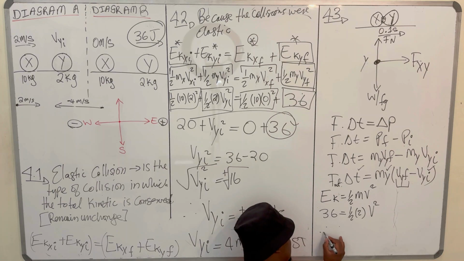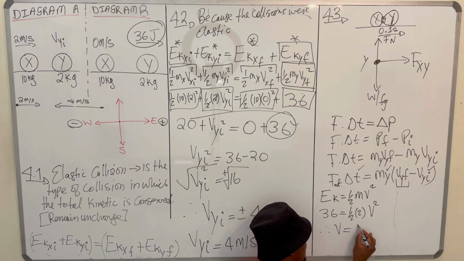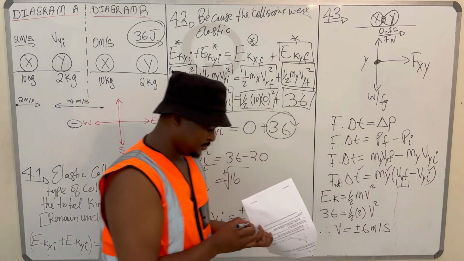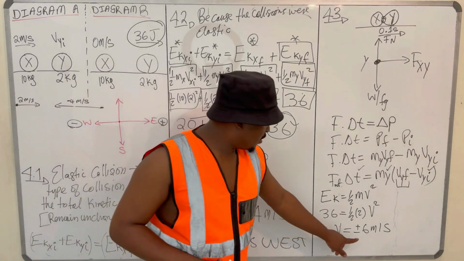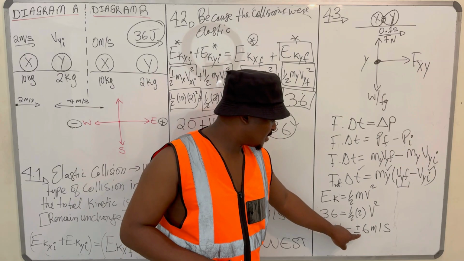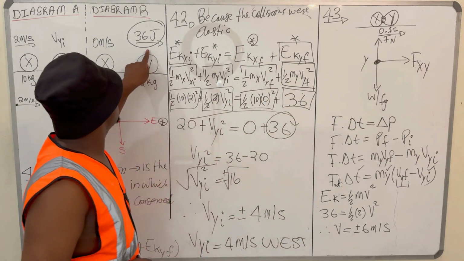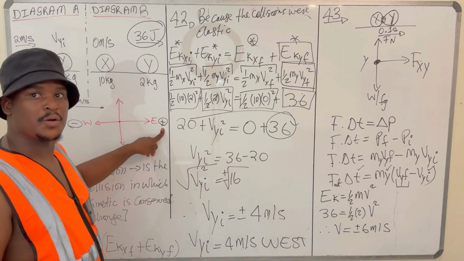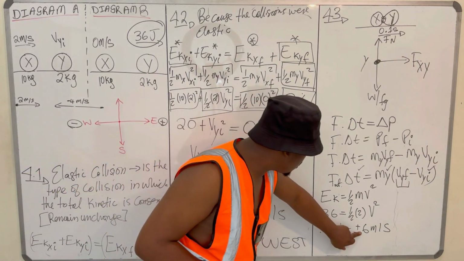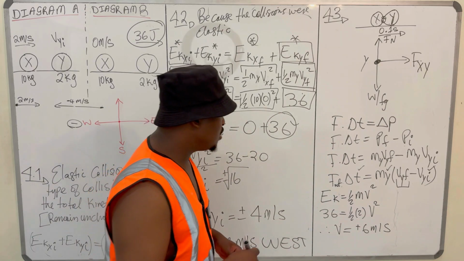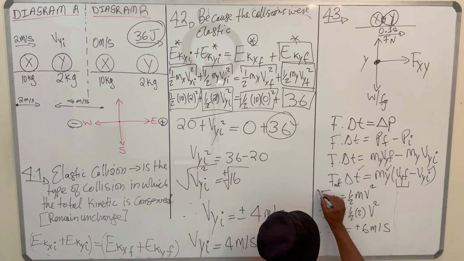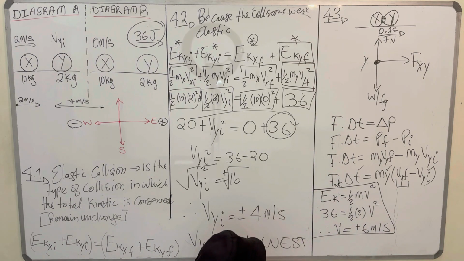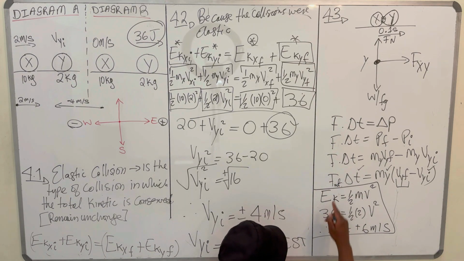So you get that v is equal to plus or minus 6 meters per second. But this ball was going eastwards, so it's going to be positive, like we said there. So the final velocity of our ball is 6 meters per second.